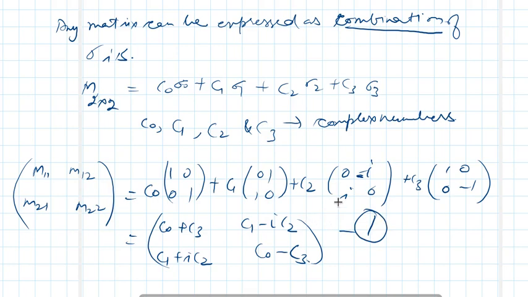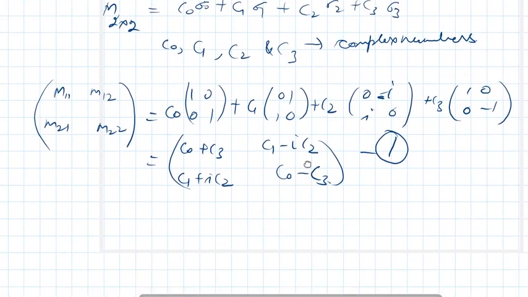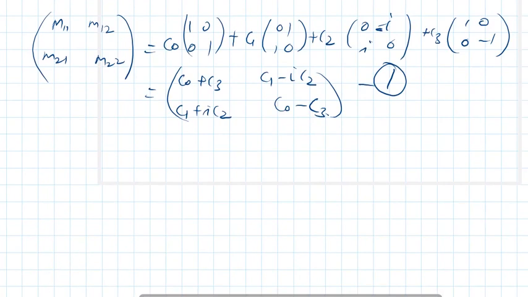Let me try to understand this by taking an example. Consider a matrix M = [2, 3 + 4i; 5, 6].